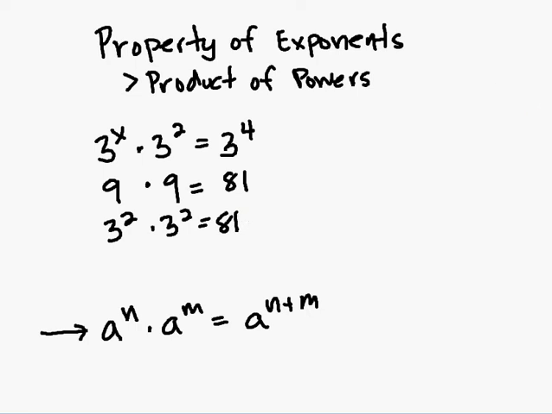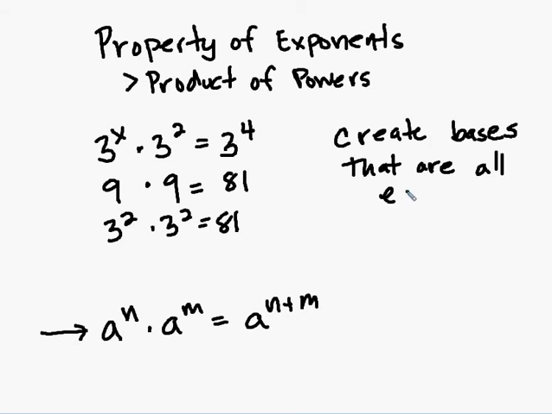And the strategy here is to create bases, in this case the base would be 3, that are all equal. Once we have bases that are all equal, we can ignore these values to solve for the variable as the exponent.